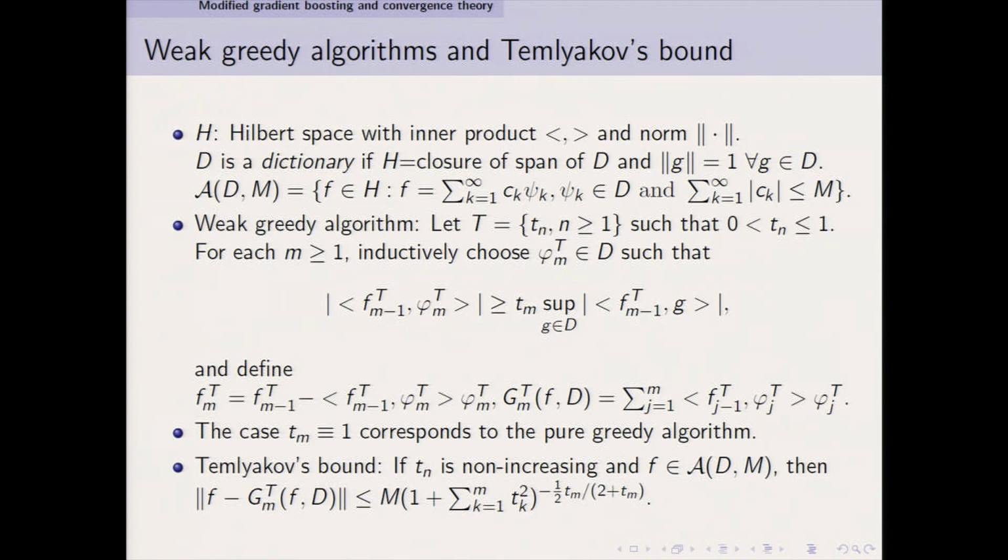So the point is, if I have an F that admits this infinite expansion, then I do a greedy algorithm, the orthogonal weak greedy algorithm. When t_m is equal to 1, that is the greedy algorithm, where you want to find the element most correlated with the residual, the one that has the largest inner product.